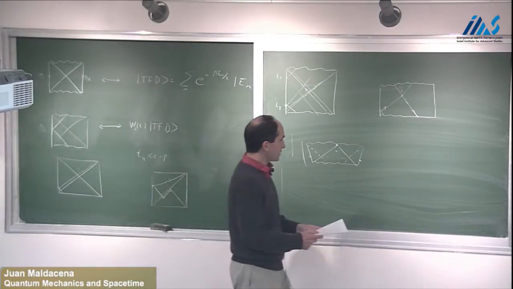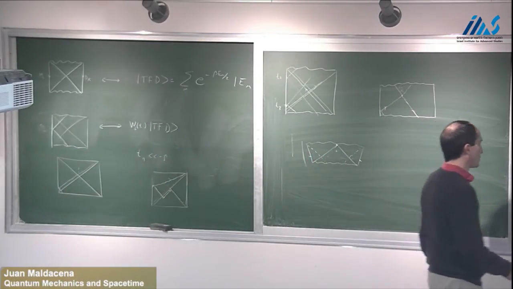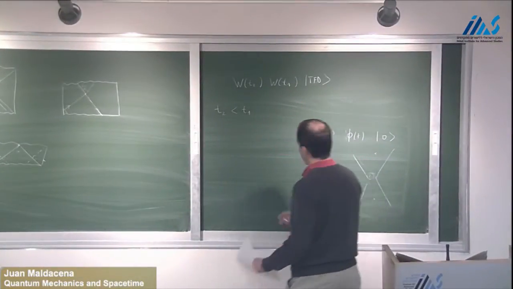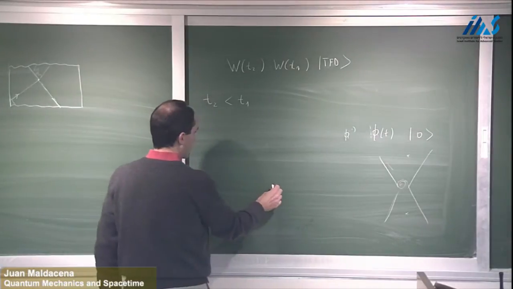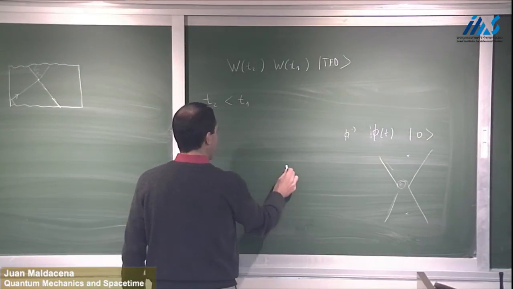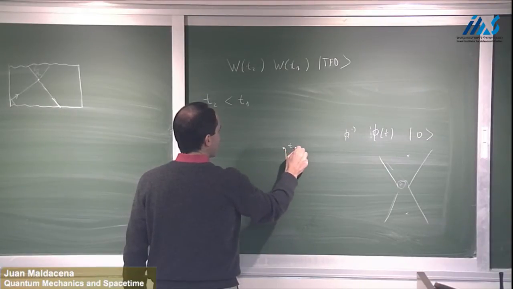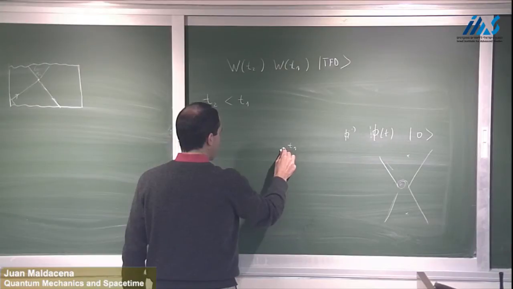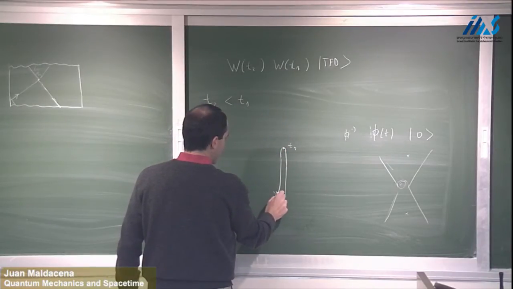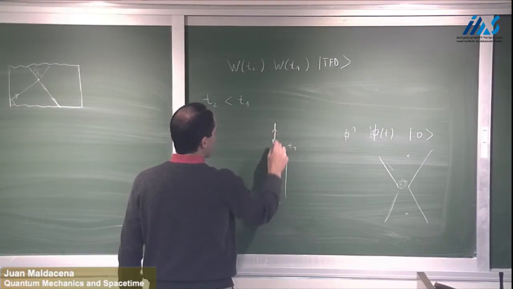Now, another amusing feature of this example is the following. We said that this is an out-of-time-order correlator. If we were trying to evaluate this in a path integral description, we would do something like the following. We would evolve up to T1, and then go backwards in time to T2, where we insert the other operator, and then continue evolving to the future.